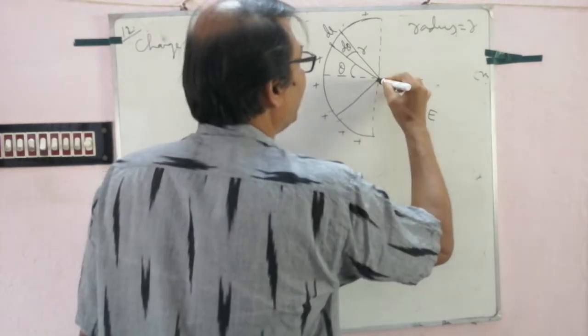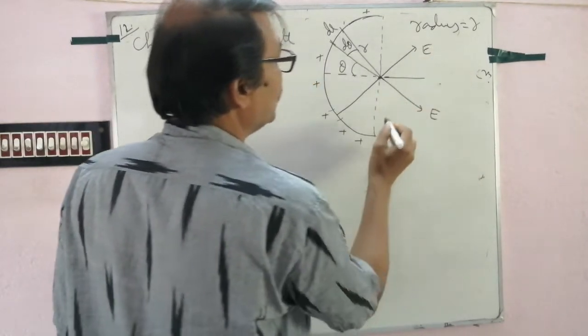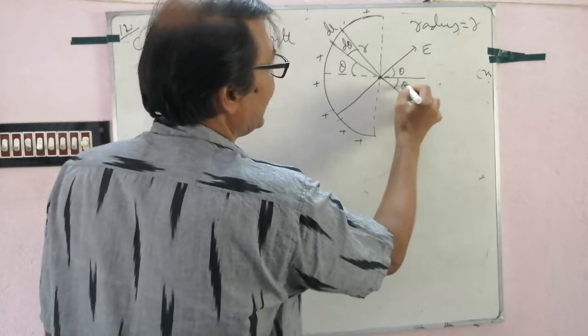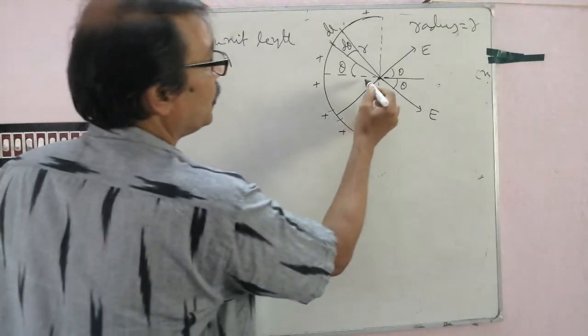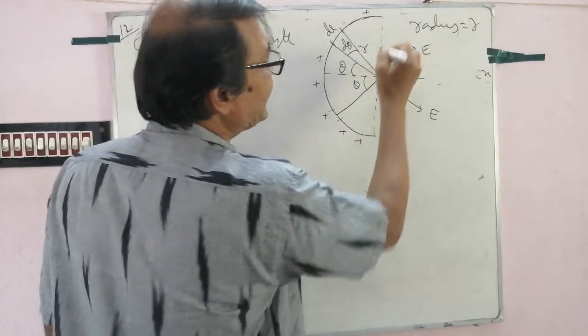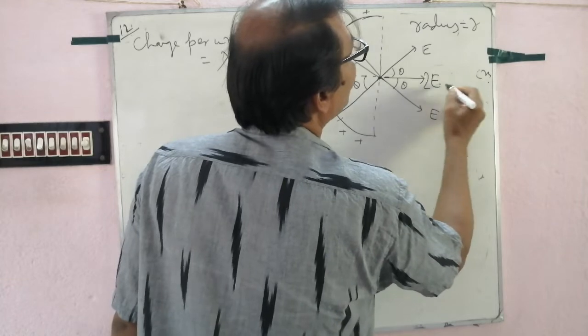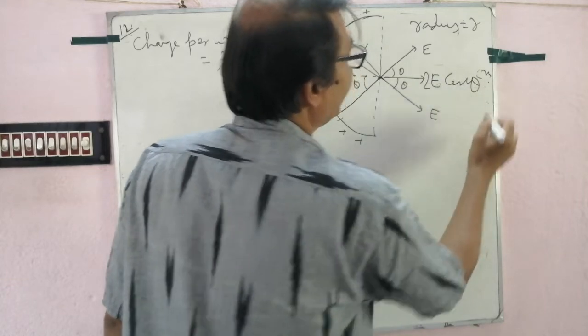Due to this, the field will be in this direction E. So this is theta, this is theta, this is also theta. So the total E sin theta cancel each other. Total result is 2E cos theta.